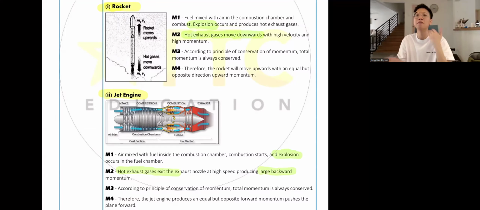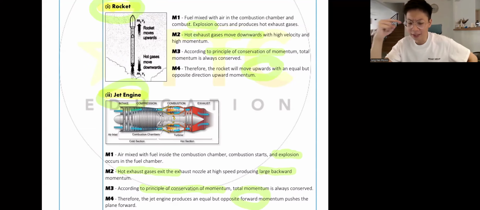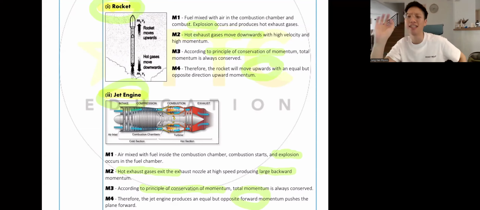So you just have to tell me the direction involved. Then you have to talk about the principle, and then after you tell me, if it's a rocket, you move up. If it's a jet engine, you move forward by momentum. Once you familiarize yourself with this step-by-step approach, your answer becomes very easy.